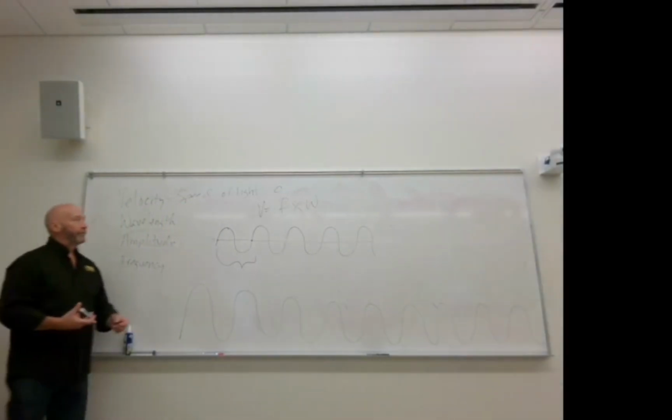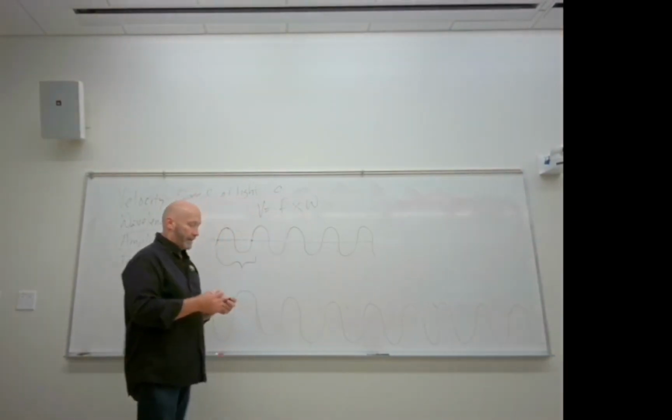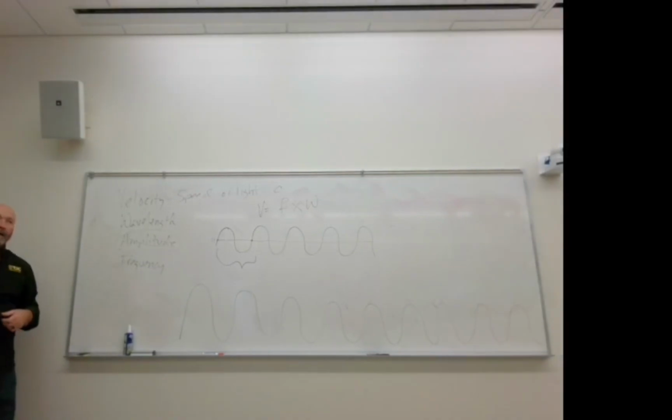Okay? So frequency and wavelength multiplied together equals our velocity. Now, since we're talking about velocity being constant, it travels at the exact same speed. We don't speed it up. We don't slow it down. It always goes at the same speed. You're not going to be creating any X-rays in space. You're not going to be creating any X-rays underwater, right?